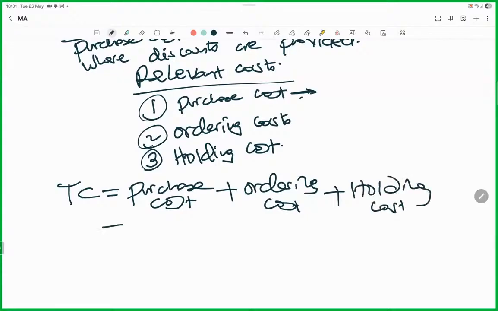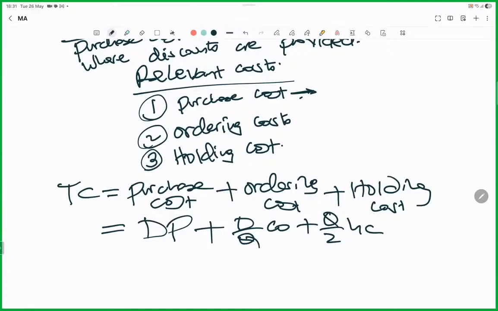And to be able to get purchase cost, we normally take DP, where D is annual demand, P is purchase price, plus ordering cost, D over Q, CO, plus Q over 2, HC. So are you able to write this nicely?